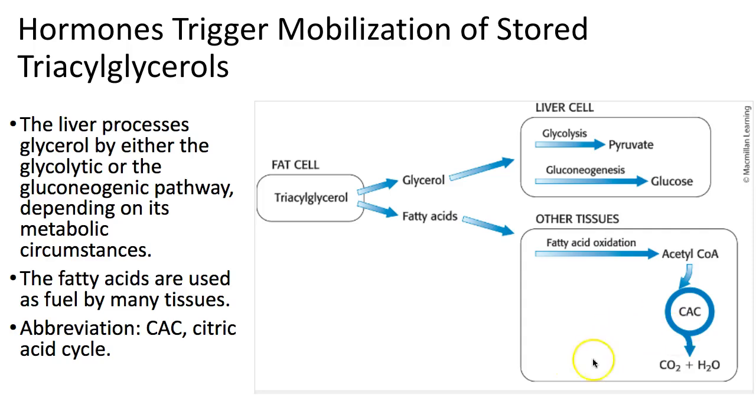And so this is just a depiction of this mobilization: first the triacylglycerol in the fat cell is broken down into fatty acid and glycerol, which can now be transported into the bloodstream. This glycerol goes into the liver cell and then goes through glycolysis to produce pyruvate, or it can go through gluconeogenesis and actually produce glucose.